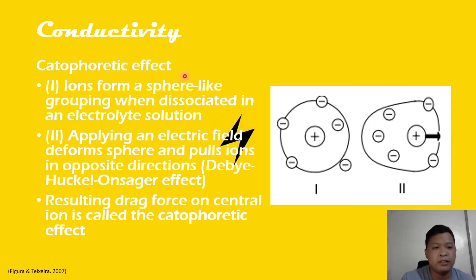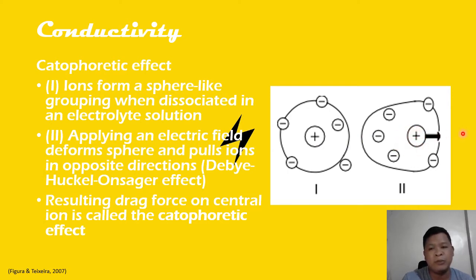So although ions dissociate when you put them in liquid, such as dissolving table salt in water, with the cataphoretic effect, what actually happens is the ions form a sphere-like grouping, such as you can see in this image. And then when you apply an electric field, such as what happens when you put your electrical conductivity measuring device, the ions get pulled to the respective directions ng field, no?